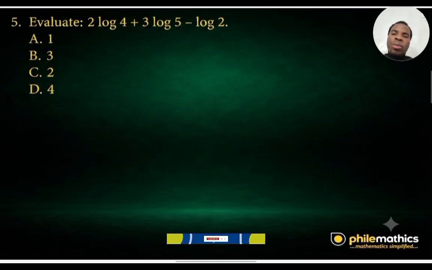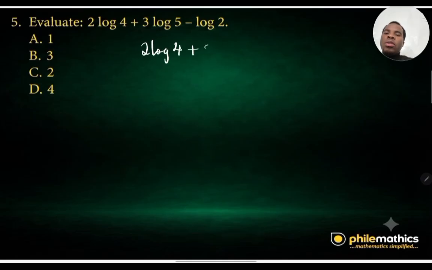This is a logarithm problem and we are required to solve it without using the logarithm table. What do you have to do? So 2 log 4 plus 3 log 5 minus log 2. We can easily put log 4 as log 2 squared, because 2 to the power 2 is 4.